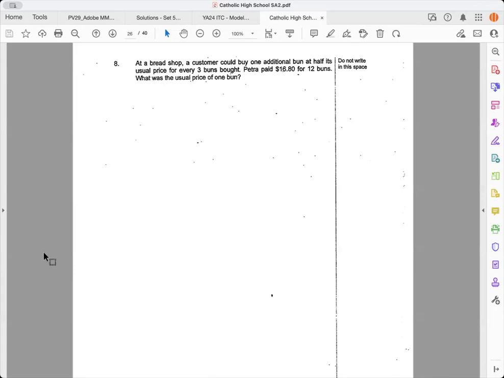So this is one group. It consists of 3 buns, and the 4th bun will be at half price. So this is one group, right?